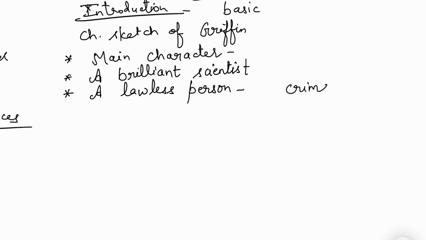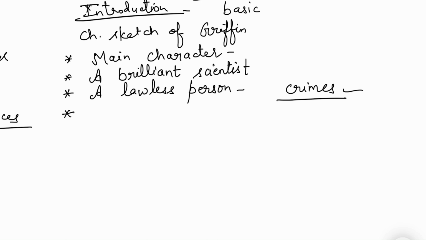You can mention some crimes in this point as well. First of all, he set fire to his owner's house. Then he robbed a clergyman and beat a shopkeeper, and he even hit a police officer as well. So in this way you can mention some crimes.